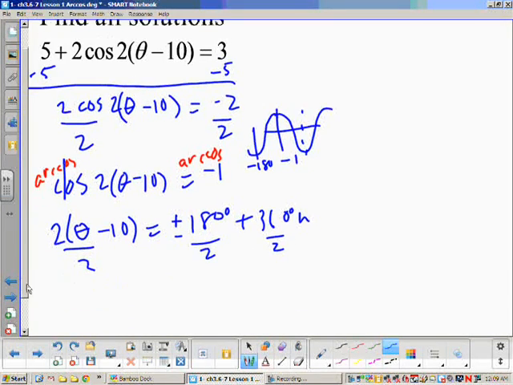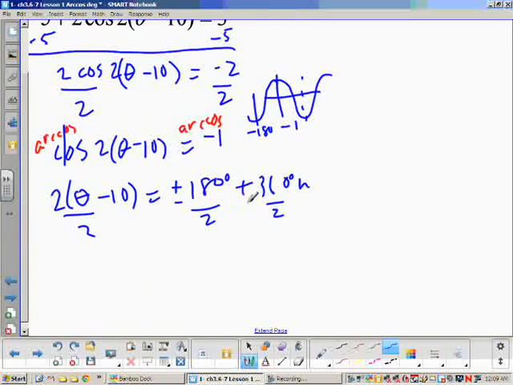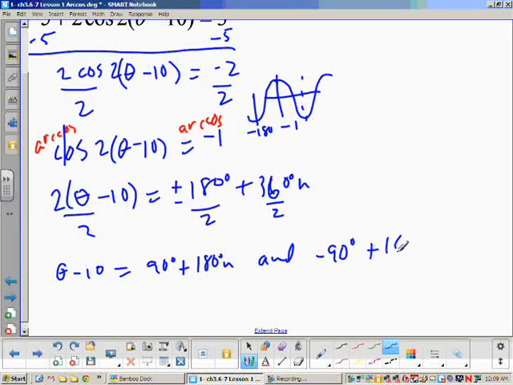In this case, we don't need to worry about division, but when we add or subtract, we have to consider the positive and negative. We get theta minus 10 equals 90 degrees plus 180n, and we get negative 90 degrees plus 180 degrees n.